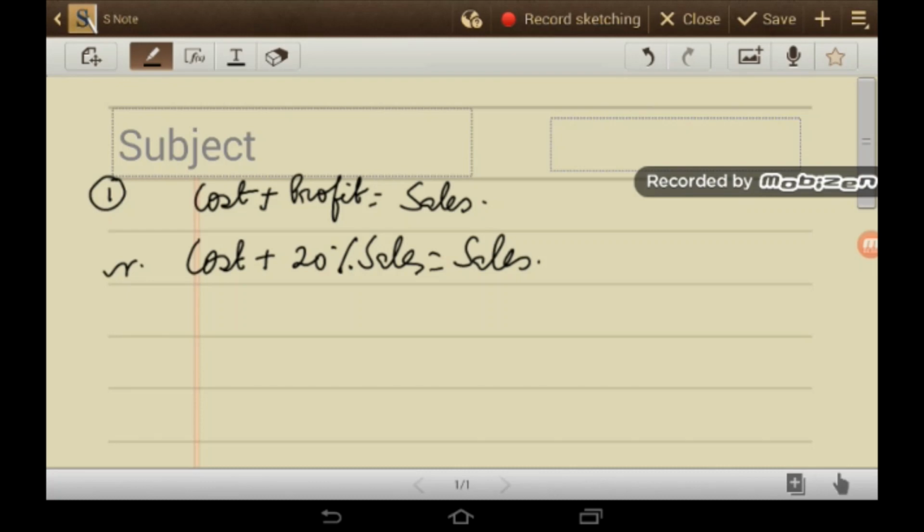So profit can be either as a percentage of cost or as a percentage of sales. In this question, we have profit 20% of sales.